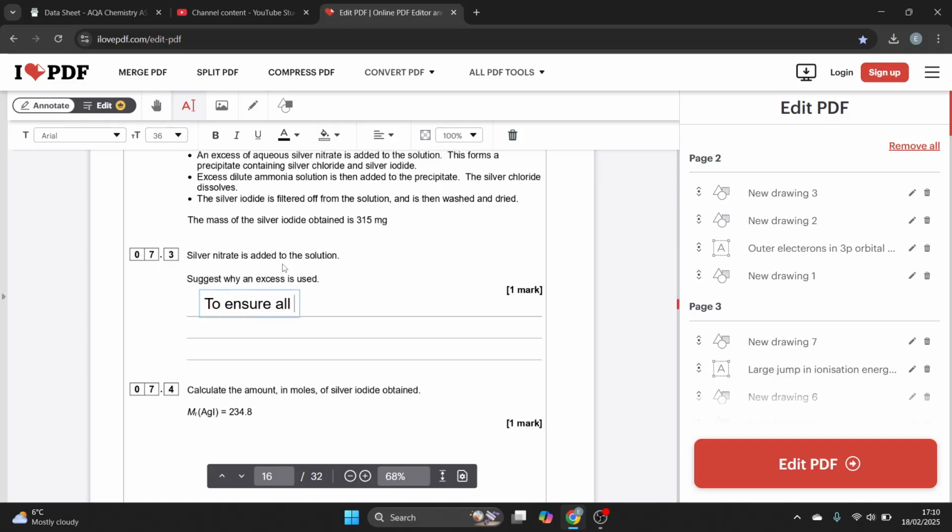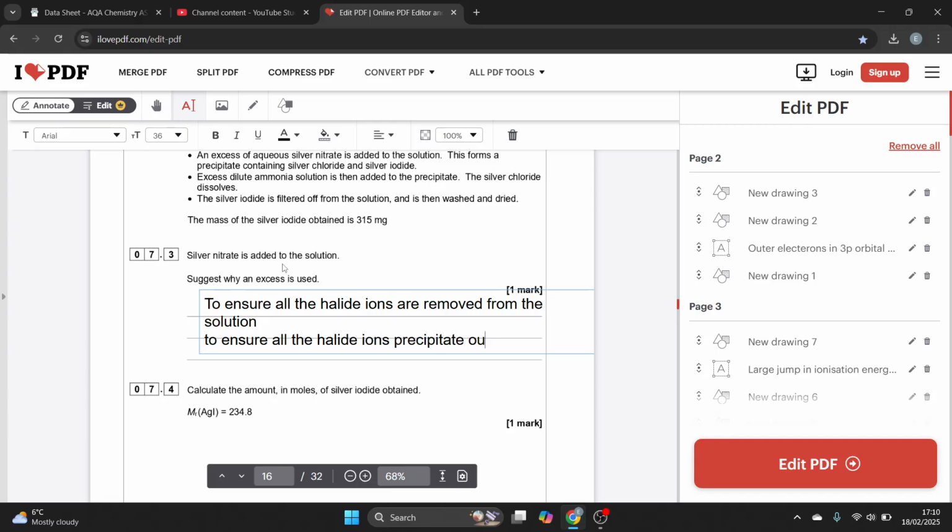To ensure all the halide ions are removed from the solution, or to ensure all the halide ions precipitate out of the solution.